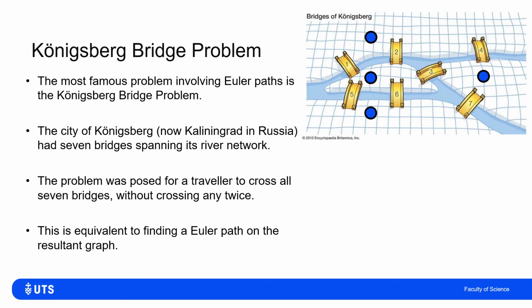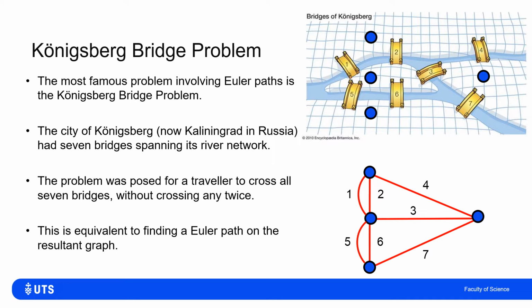That still doesn't look much like a graph in the sense of how we've previously seen them, but it's equivalent to this. The 4 nodes are the 4 regions, and we can see that some of them have more than one edge connecting them. There are 2 bridges going from the bit between the branches of the river to the part above, and 2 going to the part below.